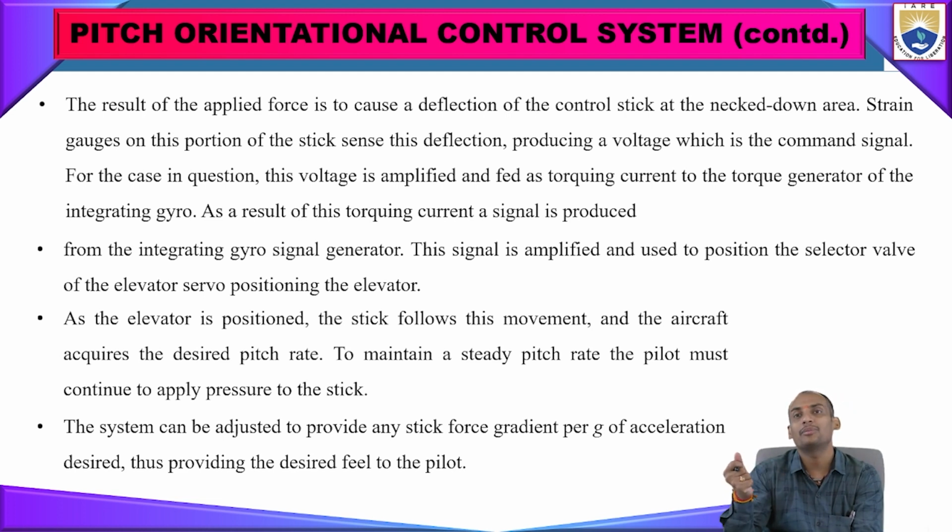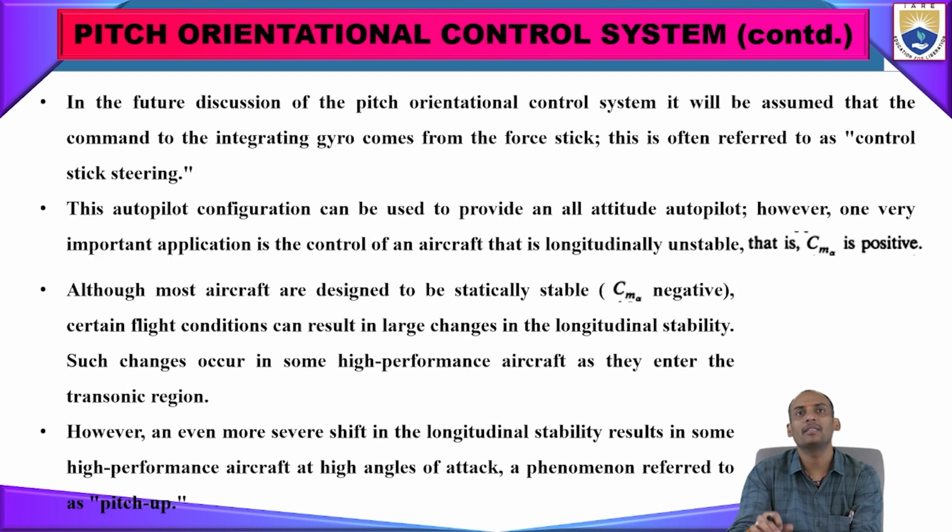Whenever he is applying force, he needs to feel that force is being applied or not, so that arrangement is also given here. In the future discussion of this pitch orientation control system, it will be assumed that the command to the integrating gyro comes from the force stick.